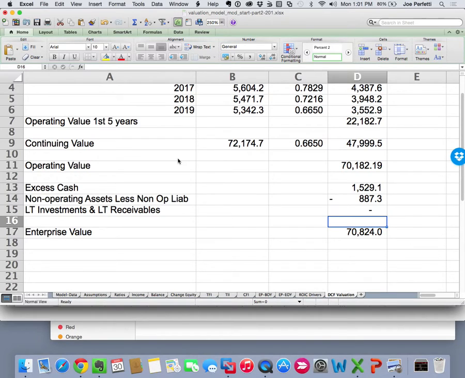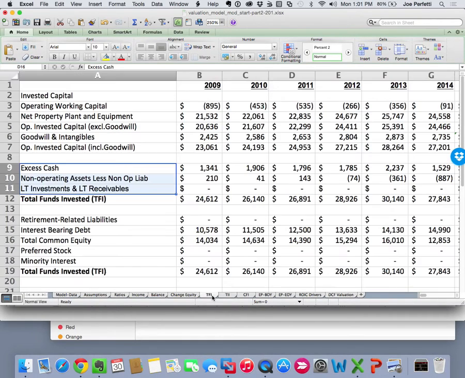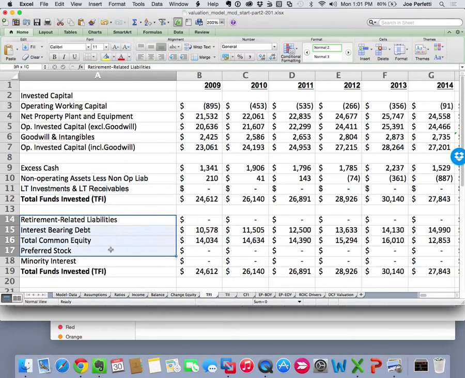All right, so again, following Modigliani-Miller, the enterprise value also equals the debt and the equity. What we're trying to get to is a common equity value. So I need to take all of the debt and non-common equities, pay them off, and common equity is the residual value. This is where TFI helps me, because on my TFI, I listed all of the debt and equity items that are owed.